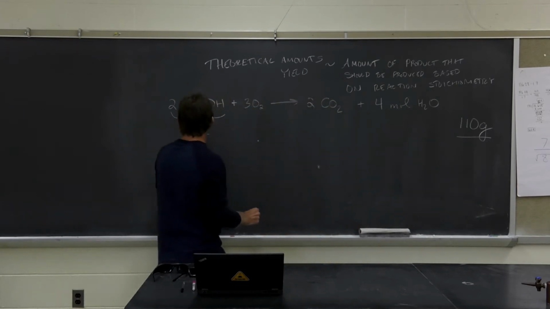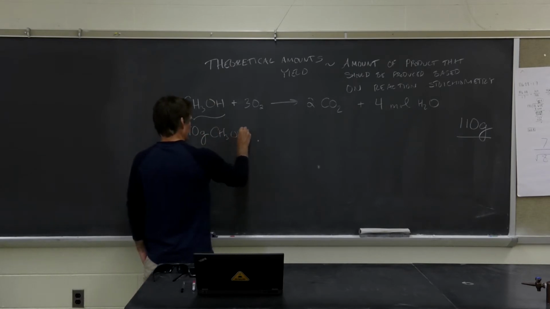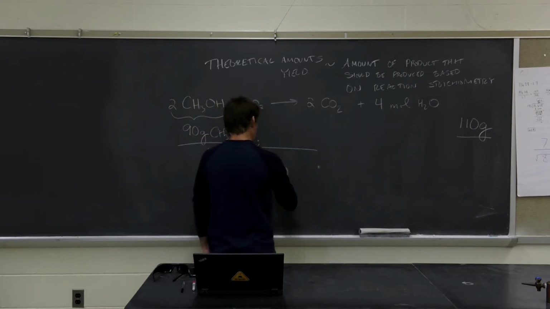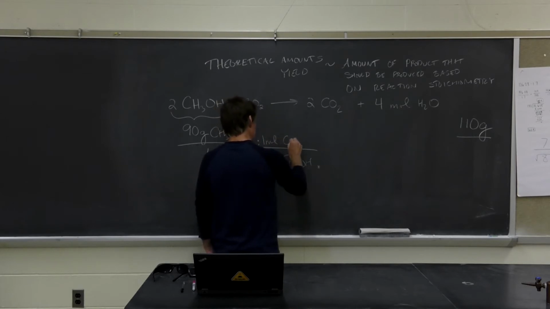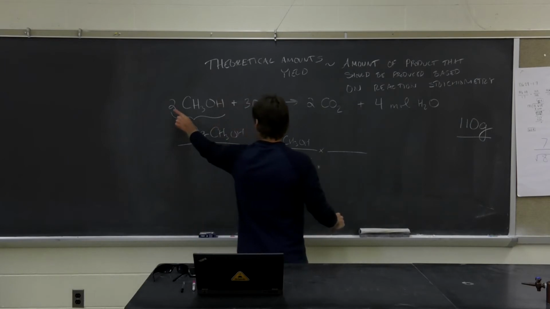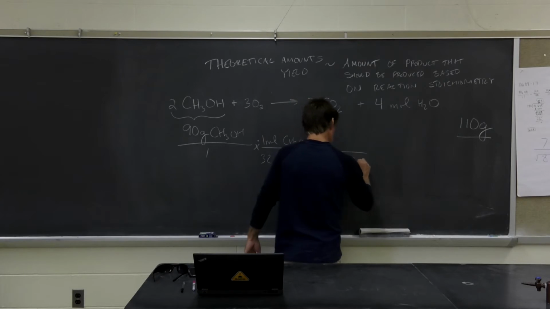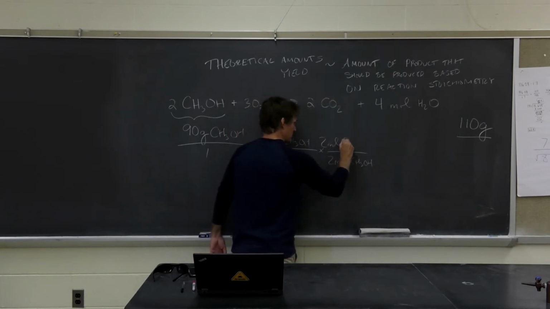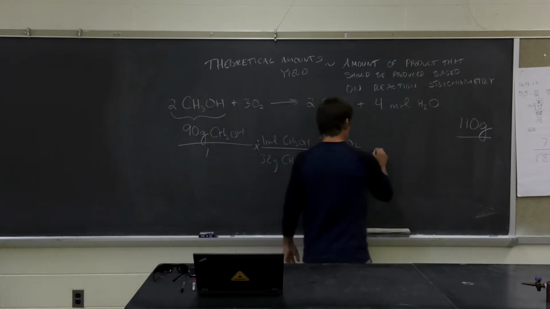So let's see here. We did this before, but I've got 90 grams of methanol. It turns out there are 32 grams of methanol in a mole of methanol. And then according to this, 2 moles of methanol should produce 2 moles of CO2. And there's 44 grams in a mole of carbon dioxide.